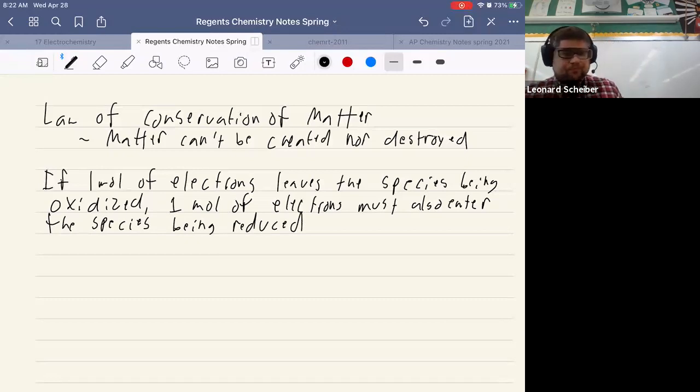Right? 1 mole of electrons leaves, 1 mole of electrons enters.